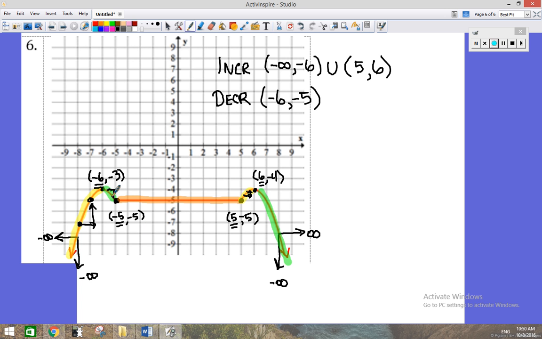Or union will be over here in this interval. It's in green. The x coordinate at this point is 6, and to the right, since we have an arrow, the x is going towards infinity.